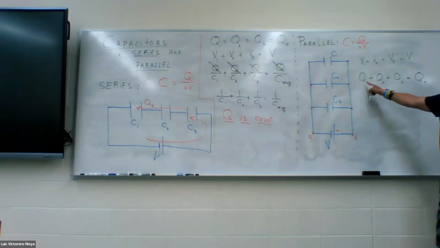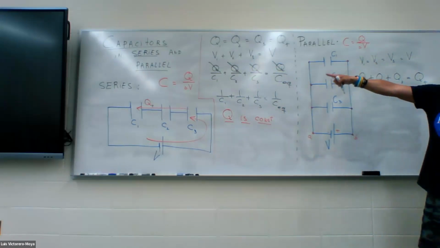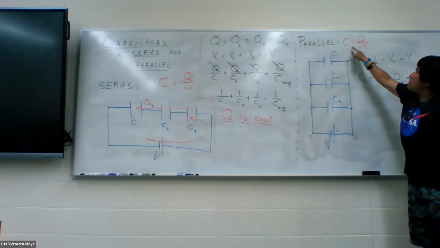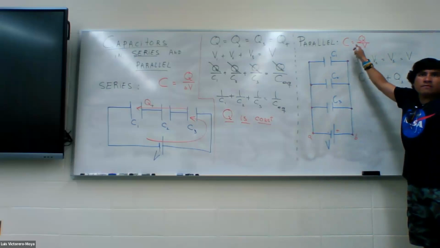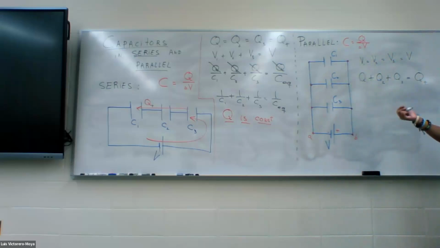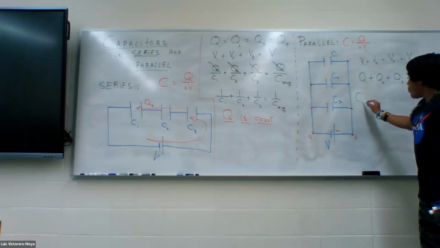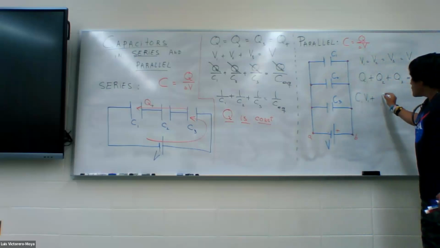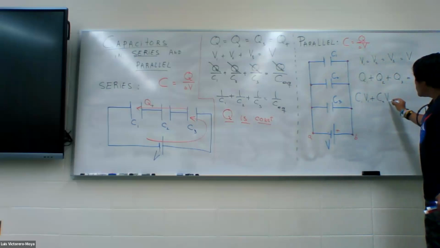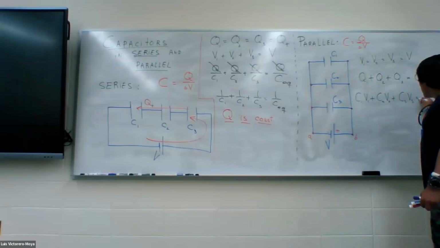But what's Q1 though? Q is C times V. Now, C is different, but V is the same. So we can write C1 V1, C2 V2, C3 V3.